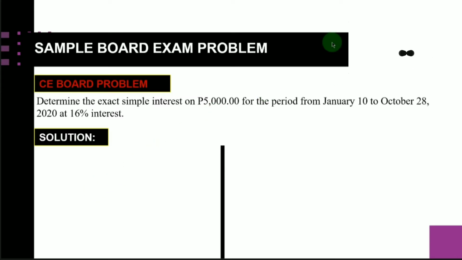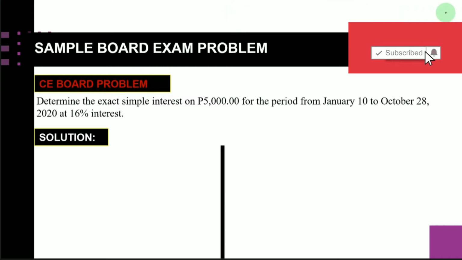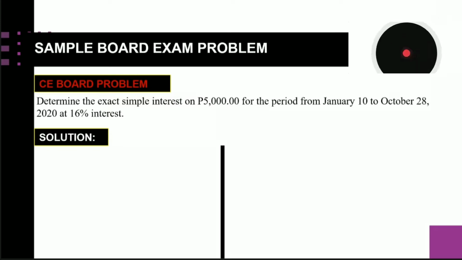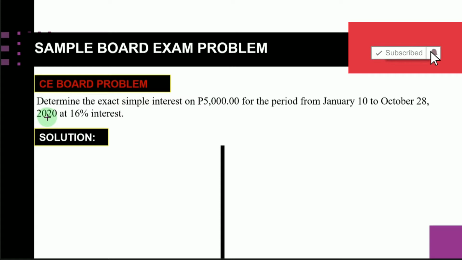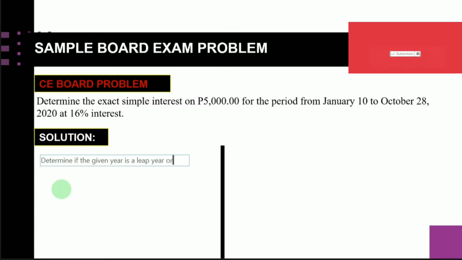We do not know which one we are going to use, and as a basic first step, you have to determine if the given year, 2020, is a leap year or not.